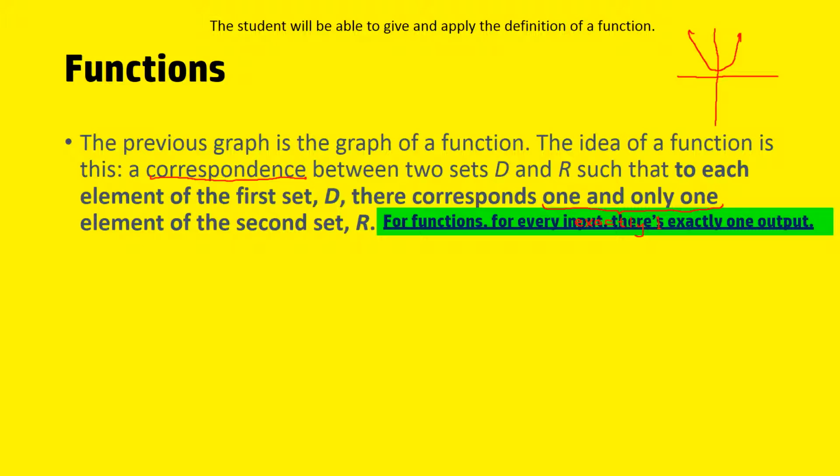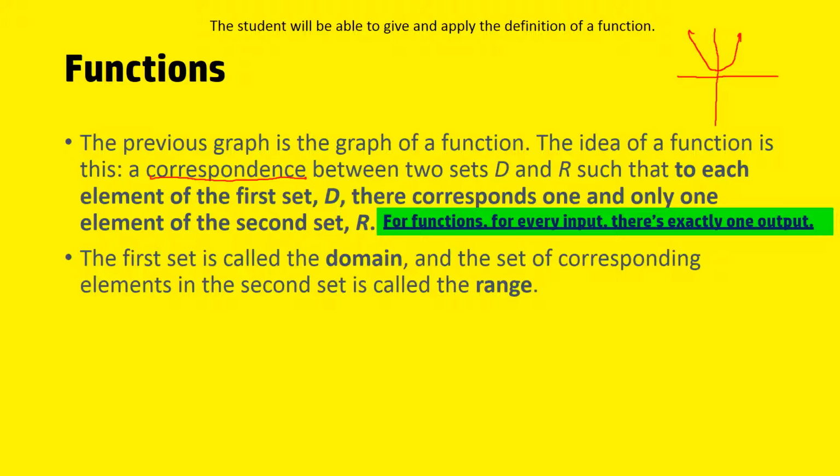In other words, for functions, for every input, there's exactly one output. And so if you remember that, which is easy to remember, you'll do well. For every input, there's exactly one output if you have a function.